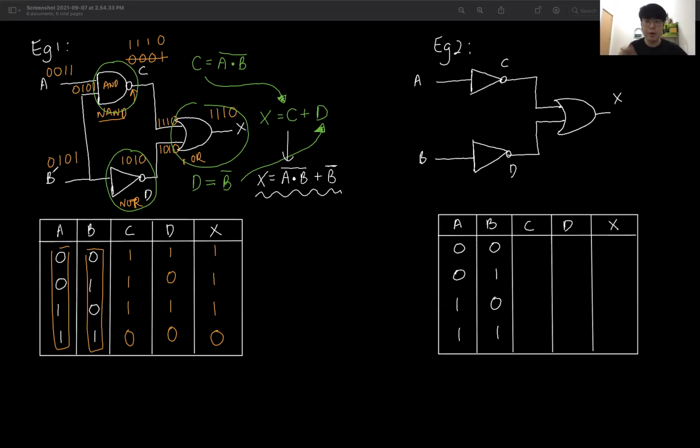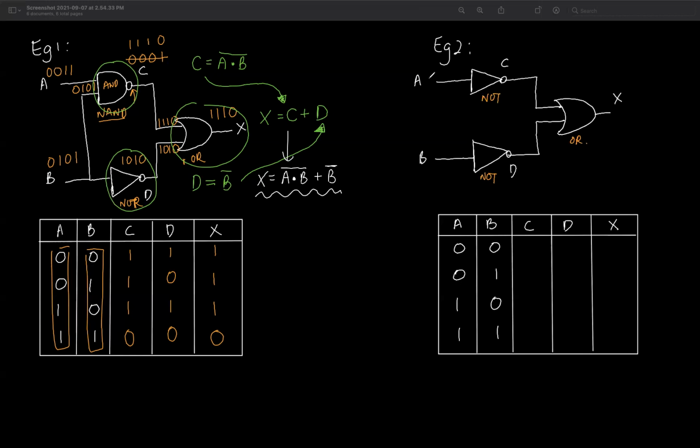Okay, so that's example 1. I'll show you a few more. Let's look at example 2. For example 2, identify the logic gates. Here we have a NOT gate, we have a NOT gate, we have an OR gate. So we copy down the numbers in.